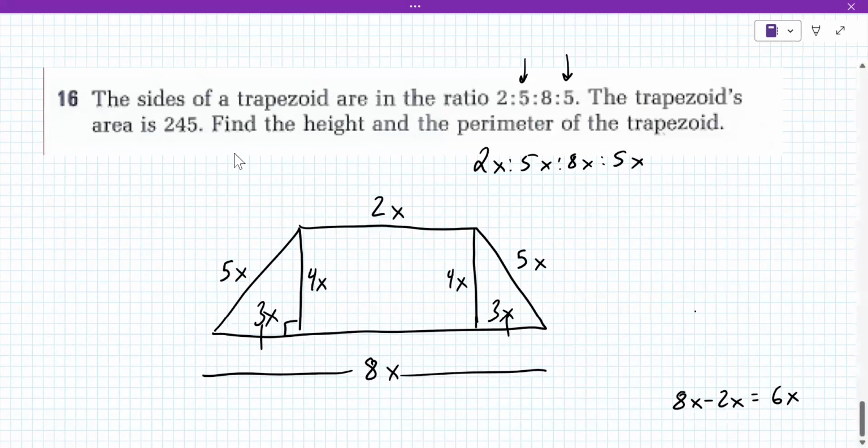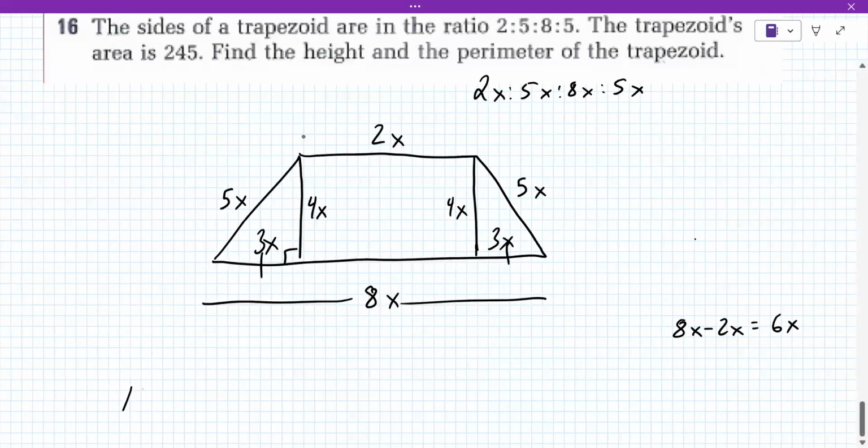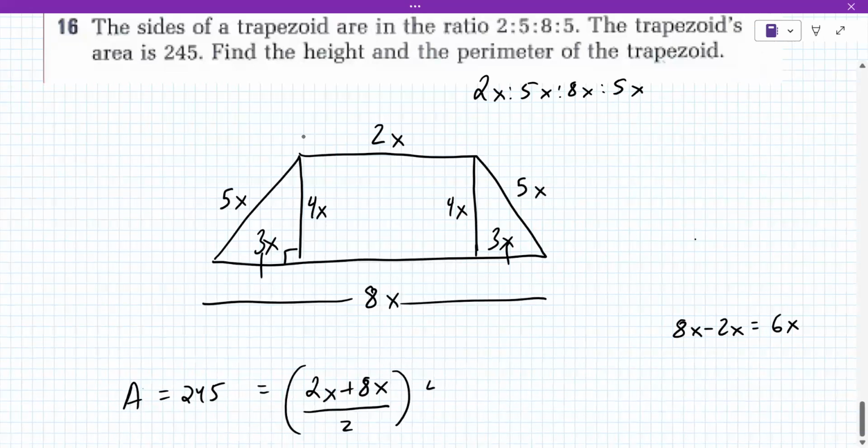All right, so now we have the height, sort of. So we can find the area. We know the area is 245, and it's equal to base 1 plus base 2 divided by 2 times the height.